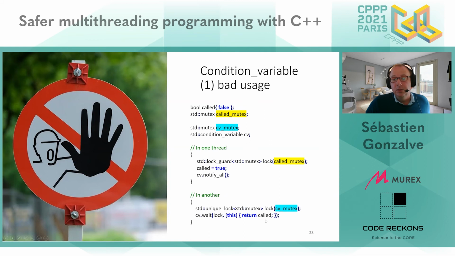This is not working because I may miss the wake-up here, because the mutex was not the same one, and so the notification here may simply not be seen at all. And even if the code sets the correct value, the lambda here won't be evaluated because we just didn't see the notification.